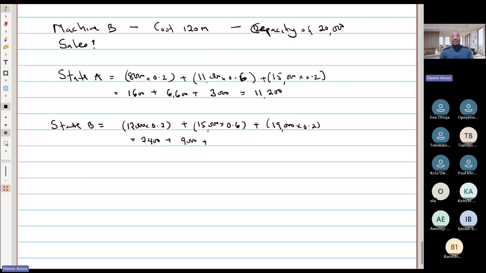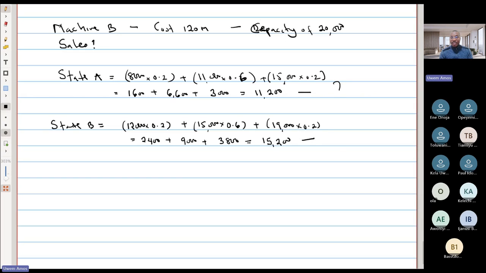Then finally, our 19,000 multiplied by 0.2 is 3,800. So that would be 2,400 plus 9,000 plus 3,800 gives us a total of 15,200. This is state A and this is state B.